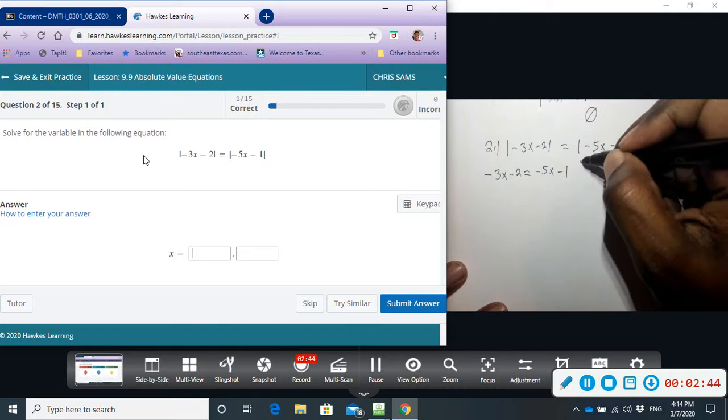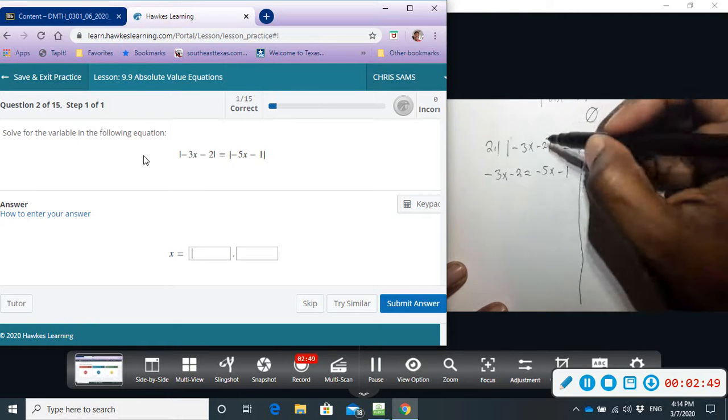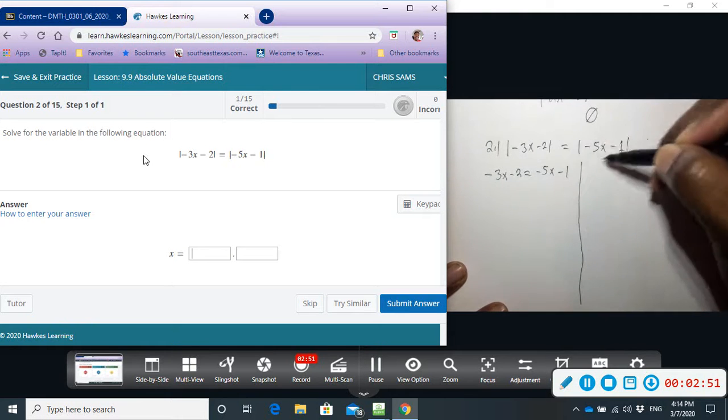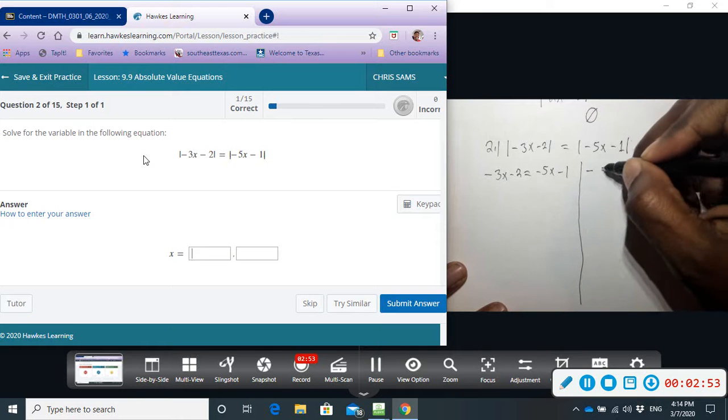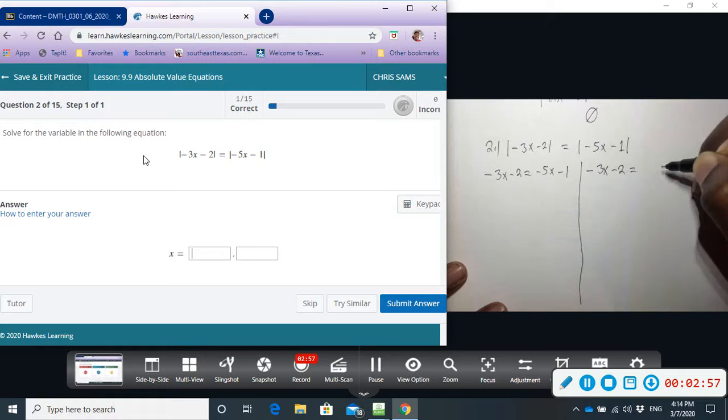Okay, so that's 1. And on the other side, I'm going to do the same thing. So I'm not going to change the left side, I'm going to change the right side. So I'm going to have negative 3x minus 2 equals negative, and then negative 5x minus 1. So you just put a negative and change one side.